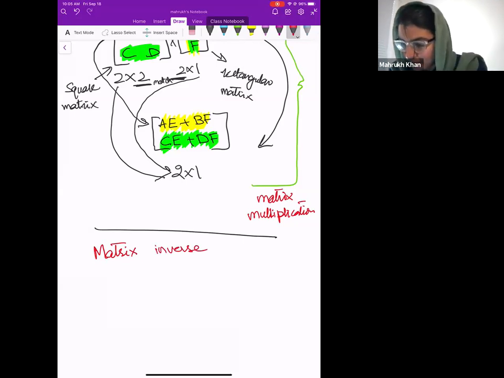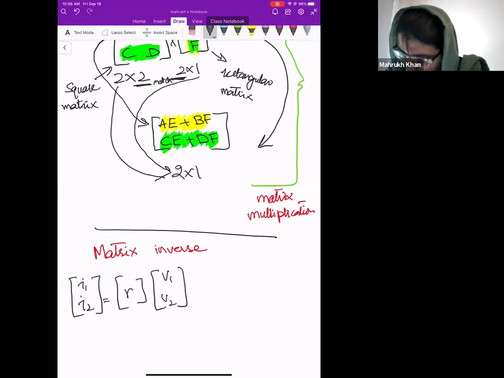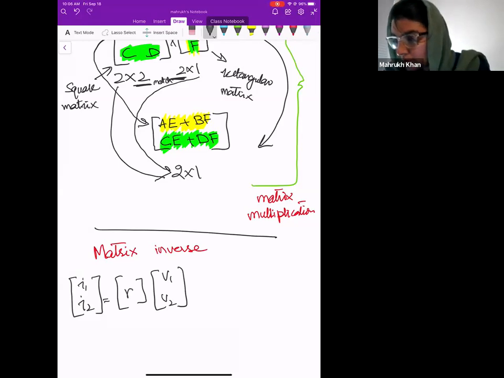So if I have this equation, as in Ohm's law, this should be the admittance matrix, because in Ohm's law, you know that V is equal to IR.